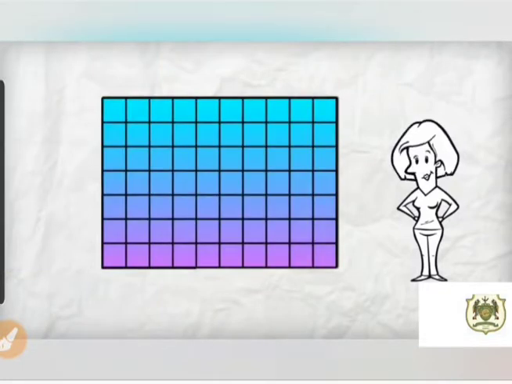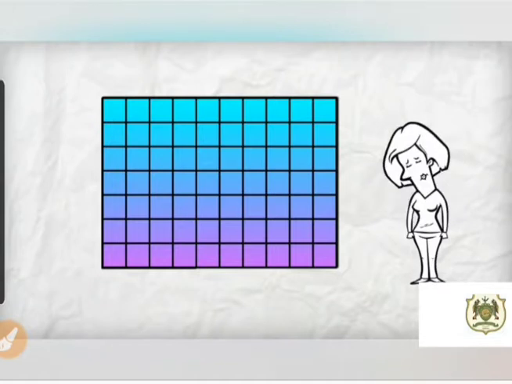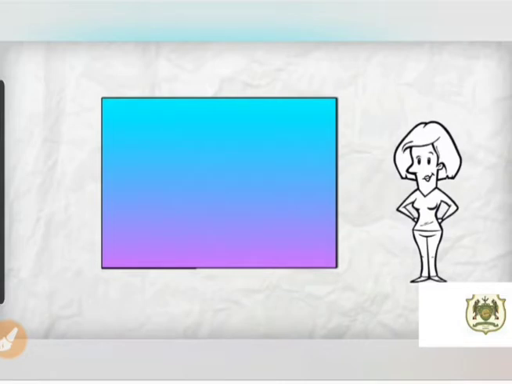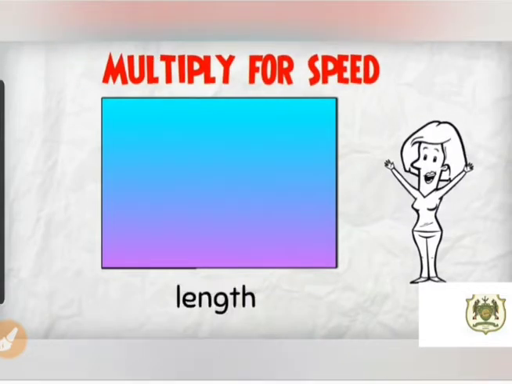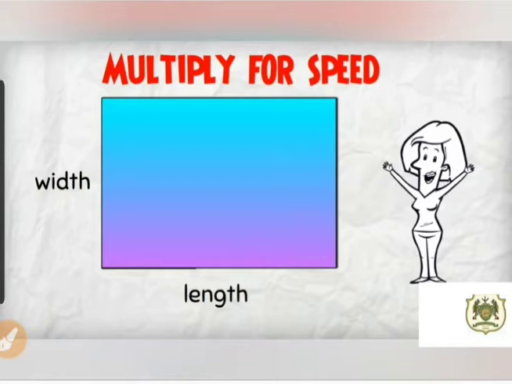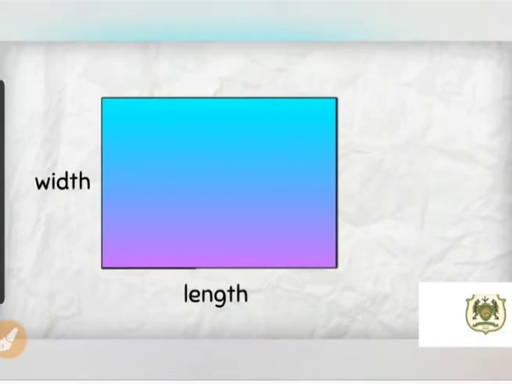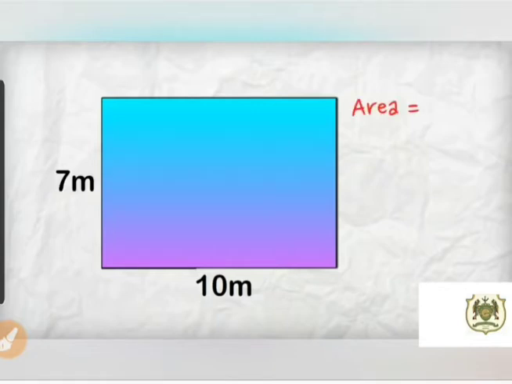Let us see this with an example. Since I have a bigger rectangle over here, it will be very difficult for me to count the squares. So, I am going to use the formula to do it in a speedy way. My length is 10 meter and my breadth is 7 meter.